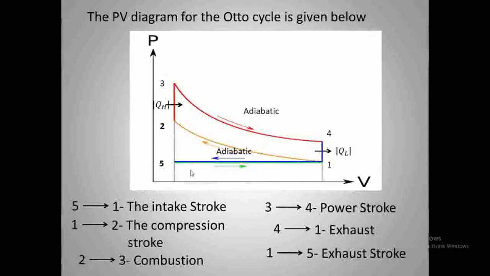So we can see there are 6 processes: the intake stroke, the compression stroke, the combustion, the power stroke, the exhaust, then finally the exhaust stroke. So we can see that during 2 processes the volume remains constant. What are the processes?